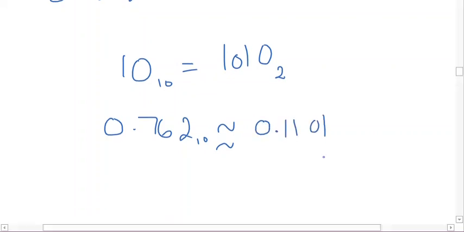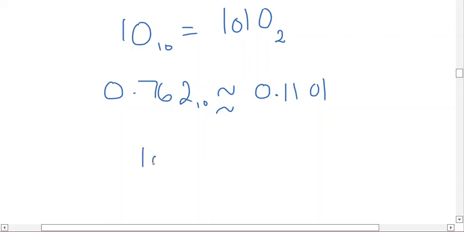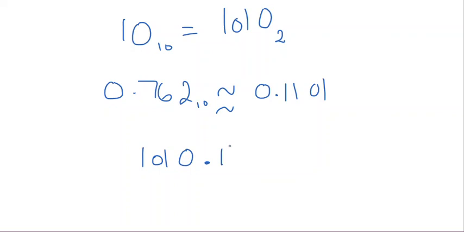Combining them together, we get our number 1010.1101 base 2. So that's how we convert fractional decimal numbers into binary numbers.